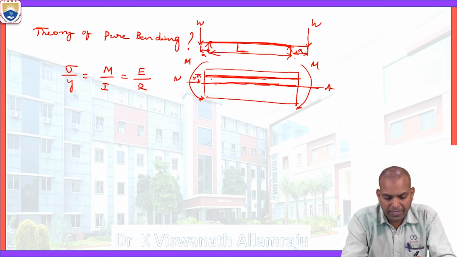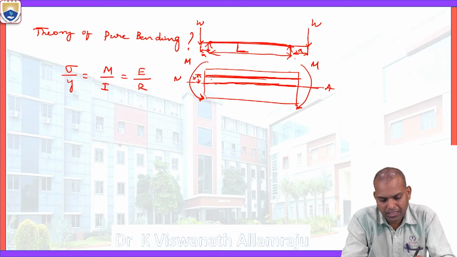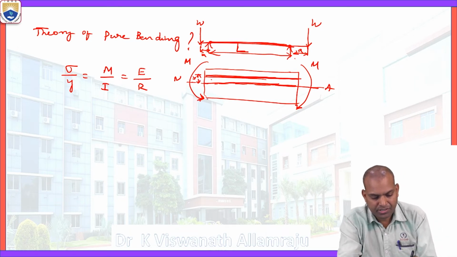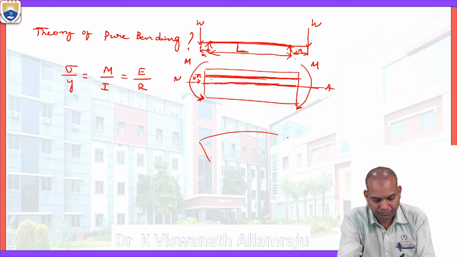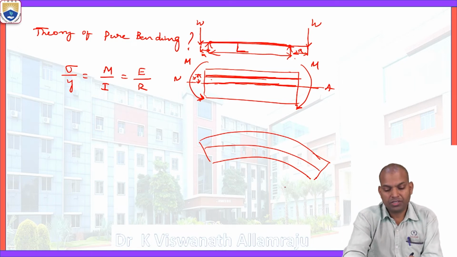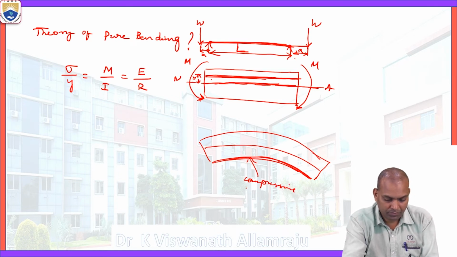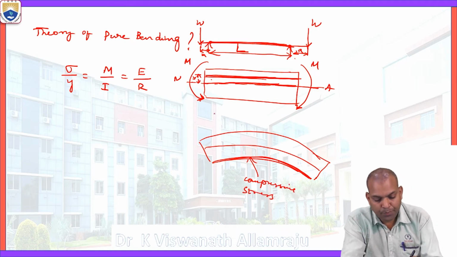Now, when the bending moment occurs at the ends, the beam bends. Inside, these layers experience compressive stresses, and the topmost layers experience tensile stress.